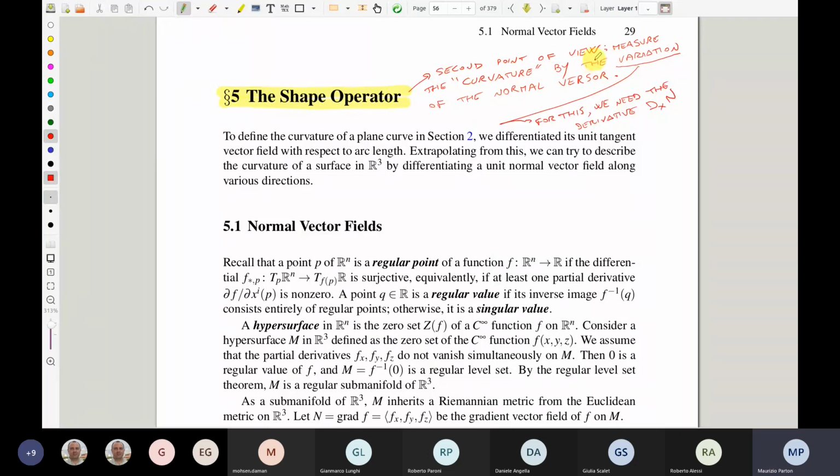I want to take one vector along the surface that will be the normal versor, but I could take any other vector maybe, and just measure how much this vector is changing along a certain direction. So I want to take the derivative of this normal direction with respect to a tangent direction. And for this, we need this derivative. This is why we were talking about this. The derivative of any vector along the manifold in the direction x.